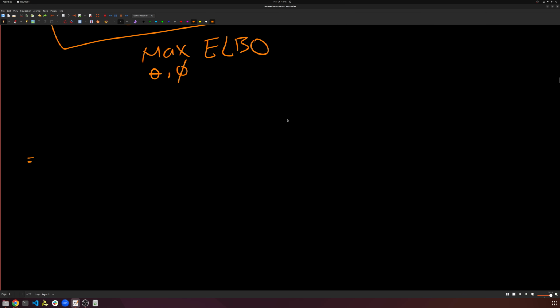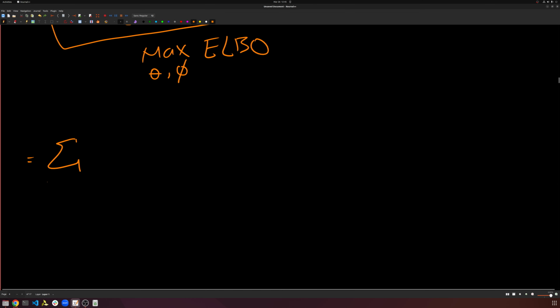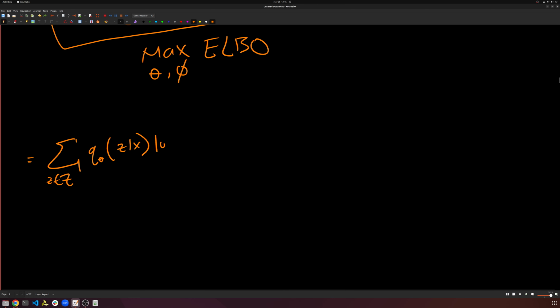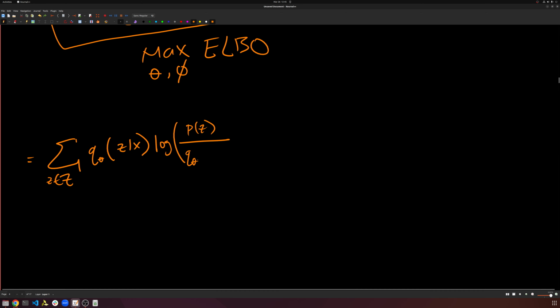So first of all, this is going to be the sum, right? So it's going to be two terms: the sum over z element of Z, q theta of z given x, log of p of z over q theta of z given x, right?